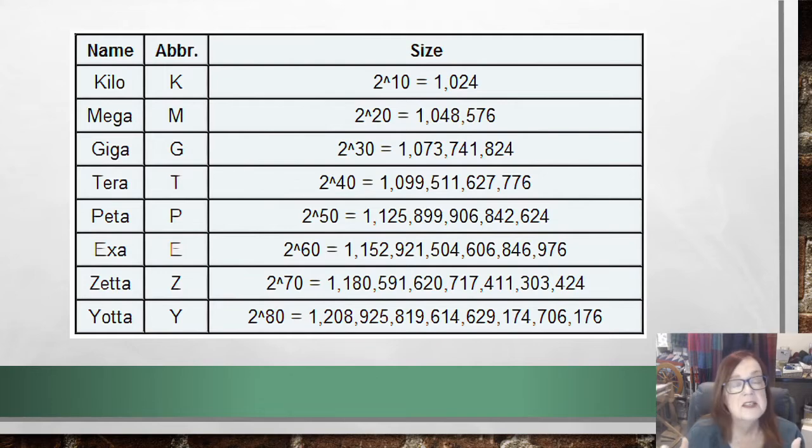Now, I still remember the first time I heard the term gigabyte, and this is going to date me. My very first desktop computer at the job I was working at had a 40 megabyte hard drive. Yeah, 40 megabytes. And that was a lot because we were in the information systems business.